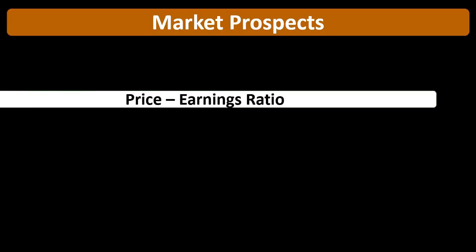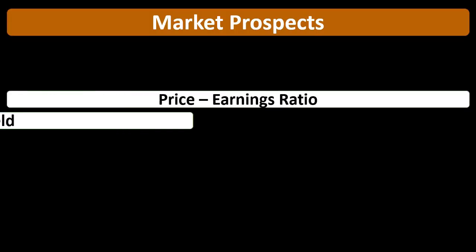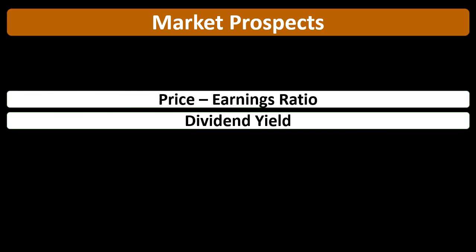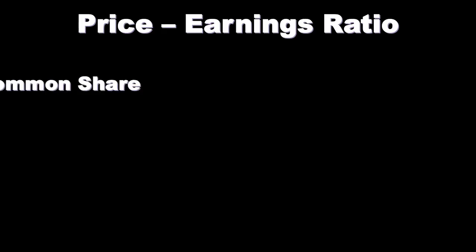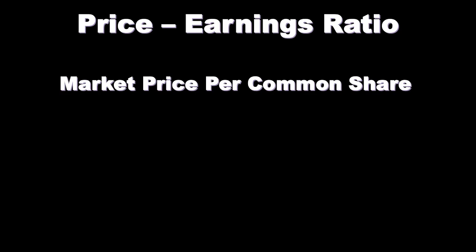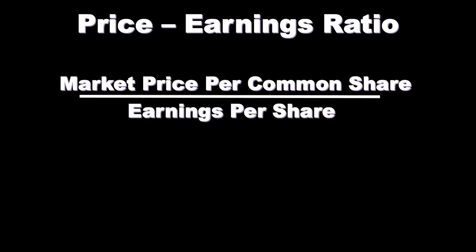Market prospects ratios will include the price earnings ratio and the dividend yield. We're going to start with the price earnings ratio. That's going to be calculated as the market price per common share divided by the earnings per share. So if we consider these two items, we've got the market price per common share. Remember, where are we going to get that? It's not on the financial statements. We can't report that internally because it's being determined externally.